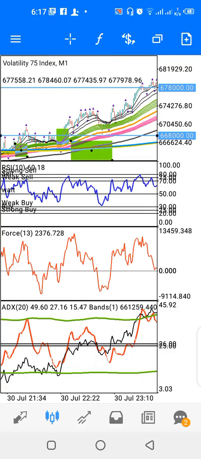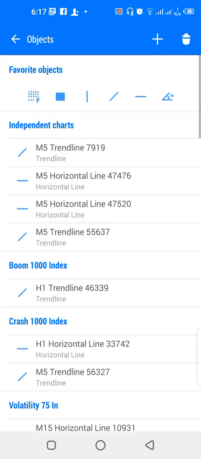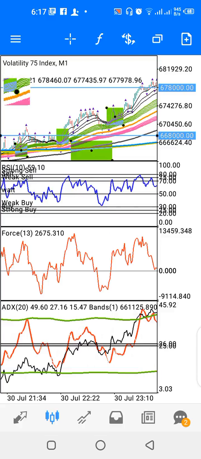So you can start your scalp from somewhere around here. When price actually stays above all the moving averages, you scalp buy around there.